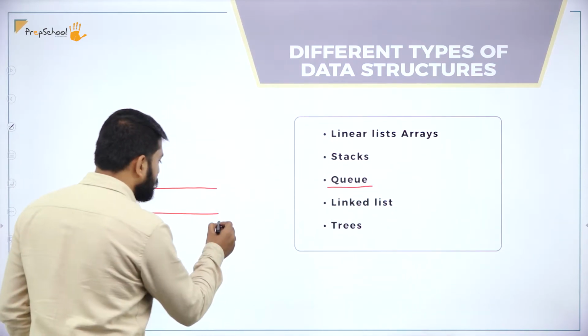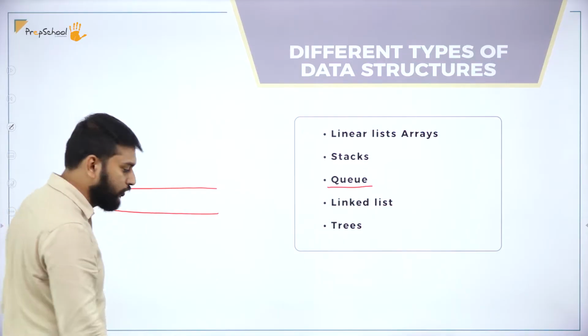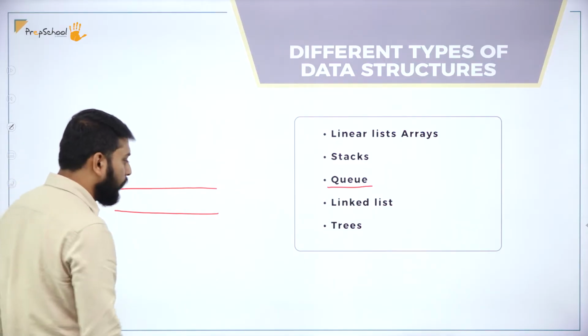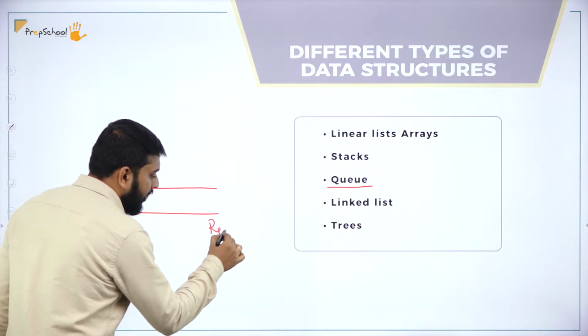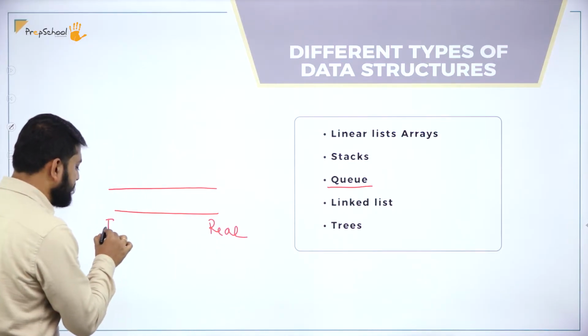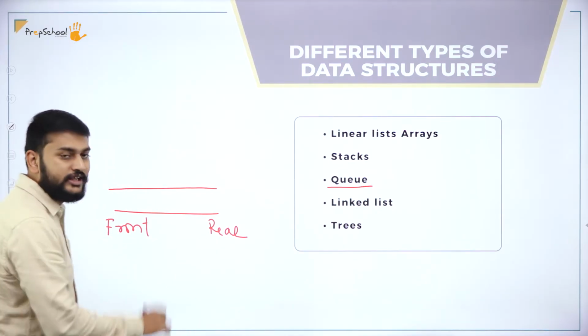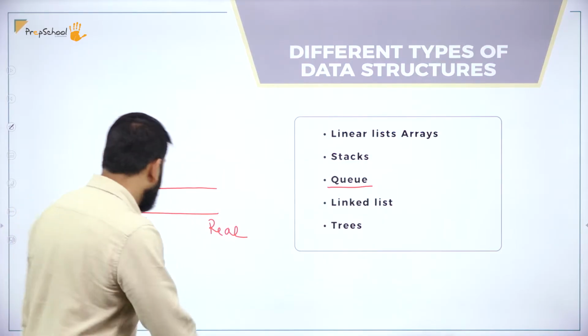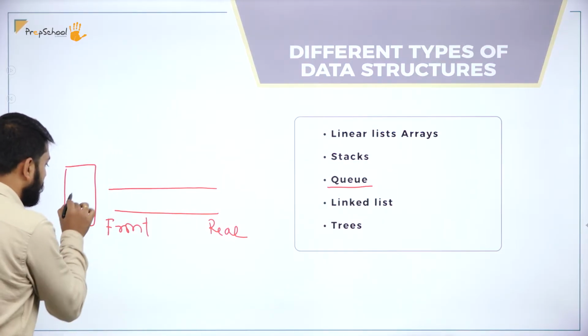So guys, this is what I will call a queue. It will have two ends. One is the rear end, another one is the front end. Imagine the ticket counter is here, okay?